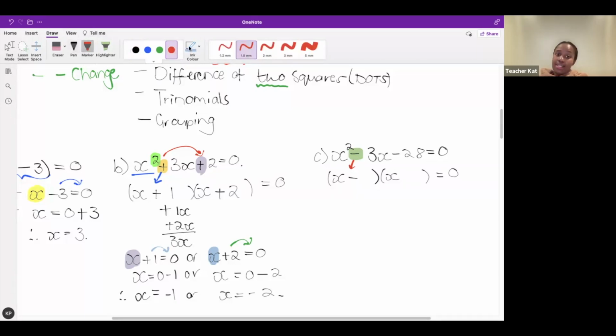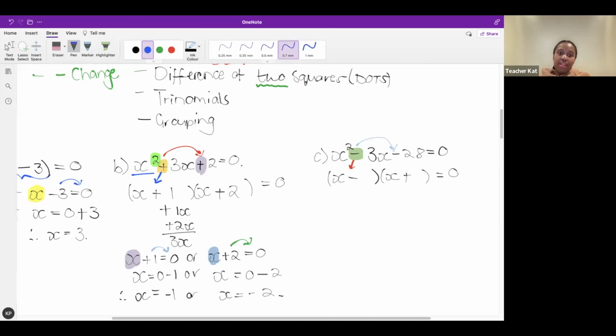And does that negative tell me to keep or change that second symbol? Change it. So what will be my symbol in the second bracket then? If I am changing my second symbol, then in my brackets, I have to write a positive. That is beautiful. Great.